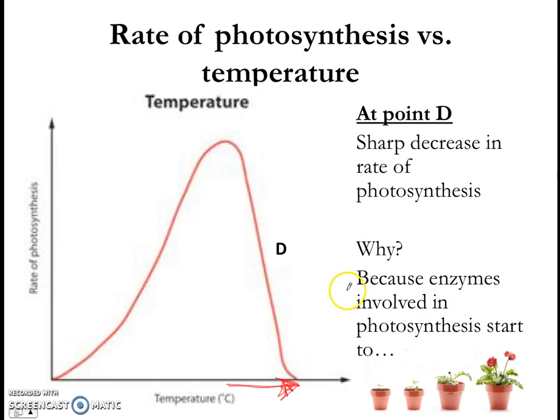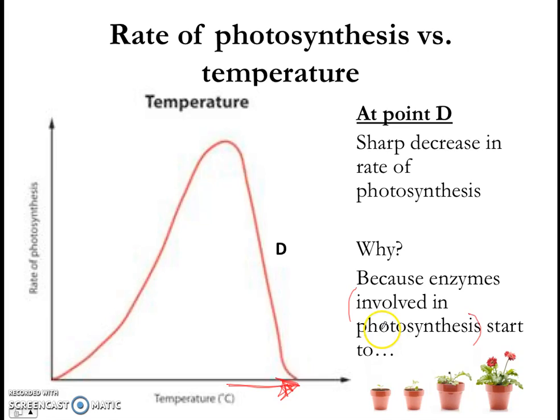And again, be careful, be specific to the question of photosynthesis. Say that it is the enzymes involved in photosynthesis which start to denature, and then blah blah blah, right? The active site loses its three-dimensional shape, it is no longer complementary to the substrates, they're no longer able to bind and act on the substrate, and therefore the rate of photosynthesis decreases.